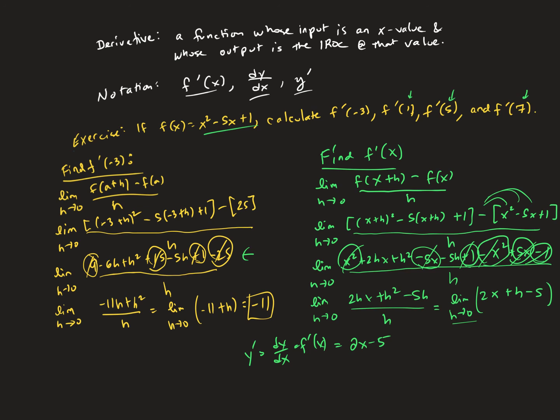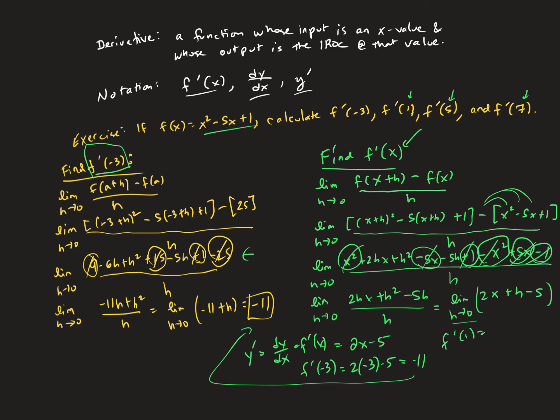Now, why was this useful? Look, if I had wanted to find f prime of negative 3, and I had found this first, then f prime of negative 3 can be found by simply plugging in the number into the formula, and that gives me the slope. I could do that with f prime of 1.